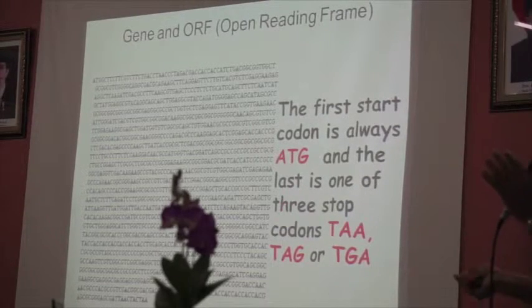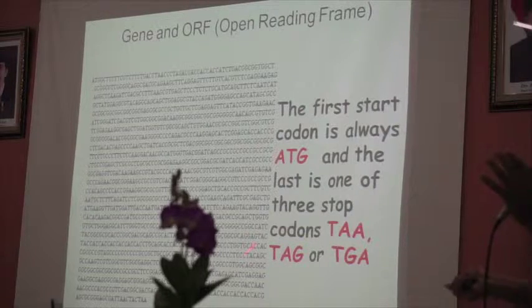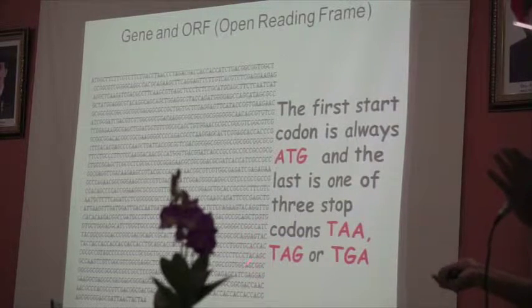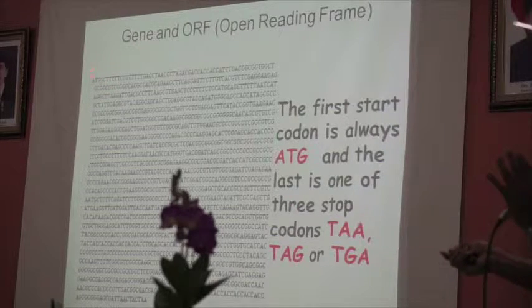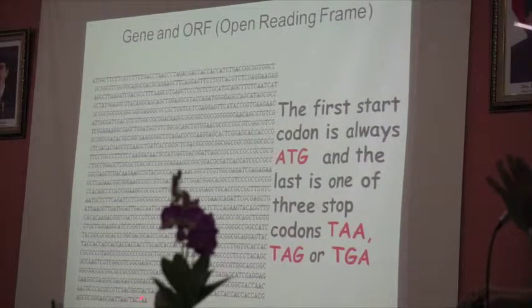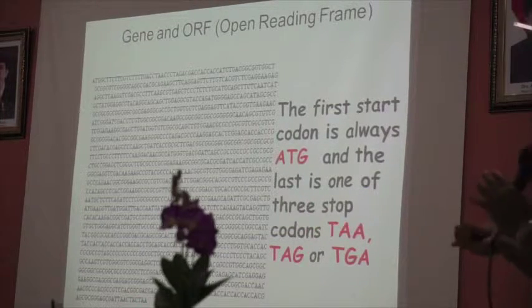Sometimes the segment is not yet characterized, but it has the characteristics of a gene. What is it? It starts with ATG and ends with a stop codon. Okay, it is a gene.